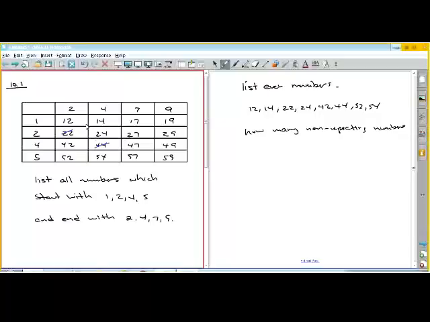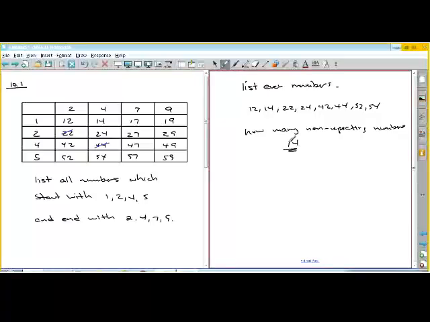So then I would just count them. I could count them all. I could count 1, 2, 3, 4, 5, 6, 7, 8, 9, 10, 11, 12, 13, 14. Or I could say, well, I have 16 total. I'm subtracting 2 out. So, you know, answer 14. So you basically use the table to generate the information and then answer the questions.